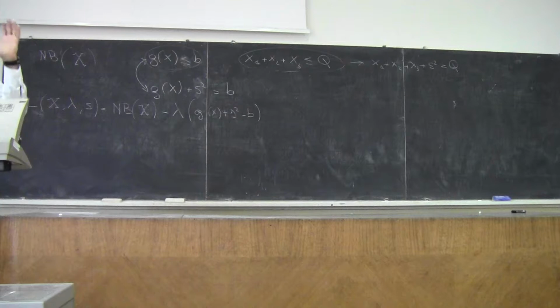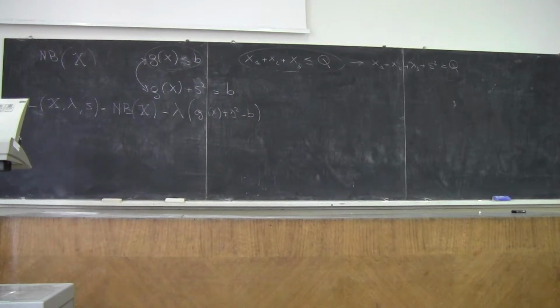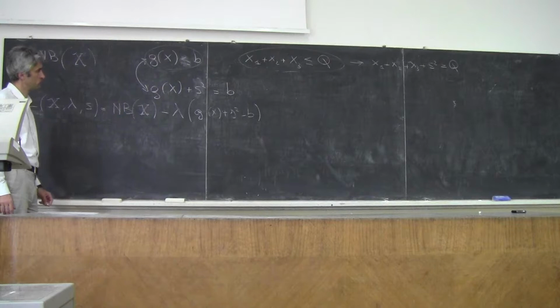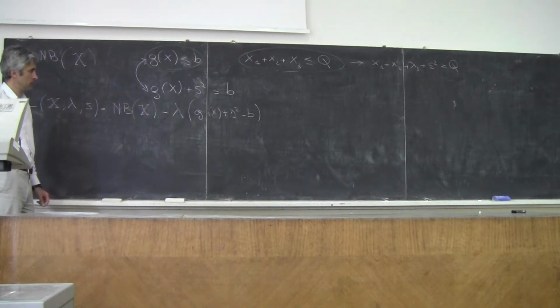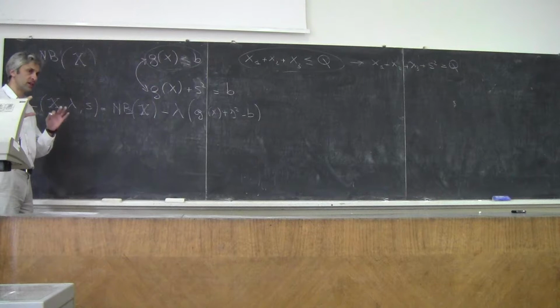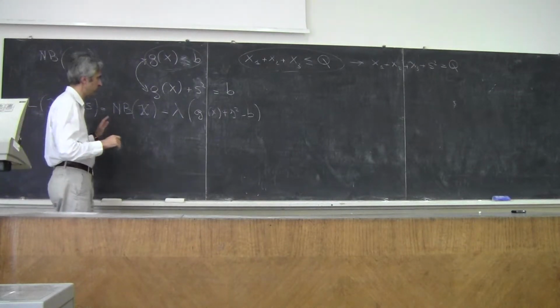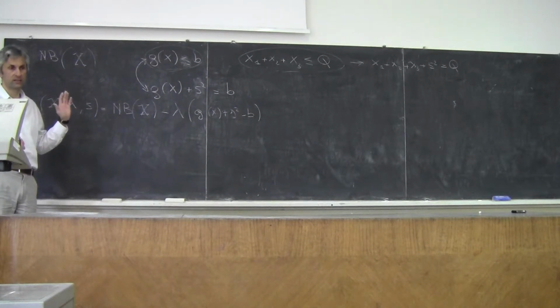The only thing that changes is that I have one additional variable. That is to say that this additional variable doesn't have any impact on the derivatives with respect to xi, with respect to x.